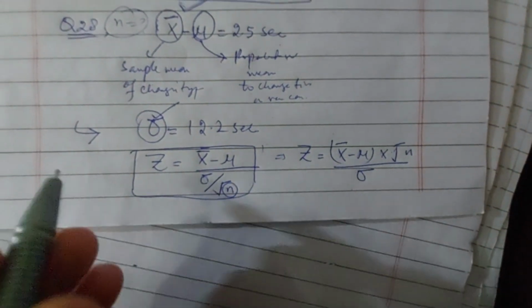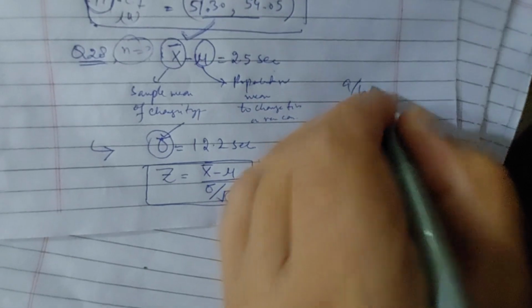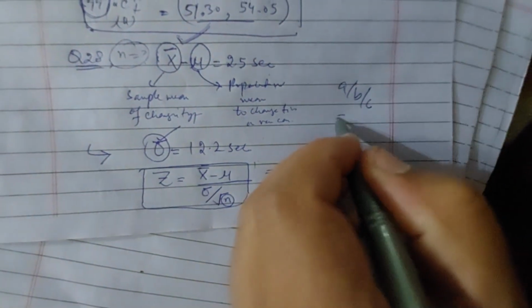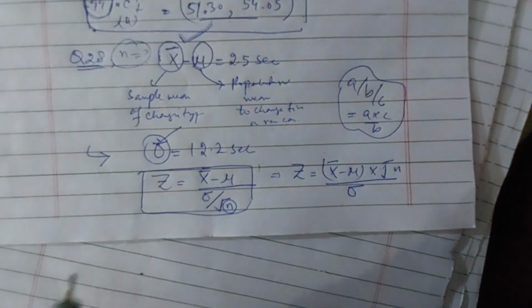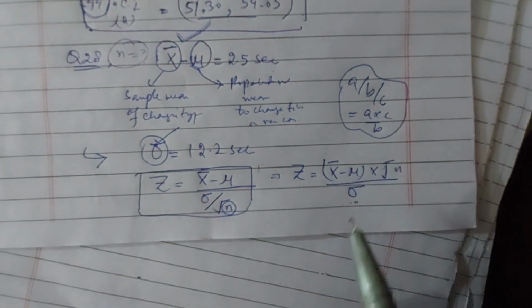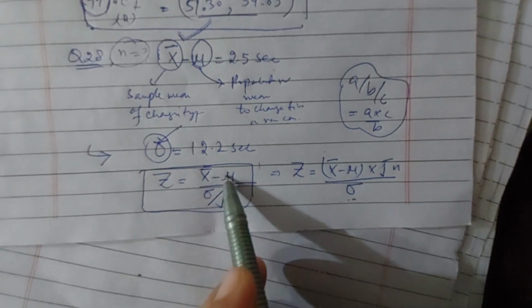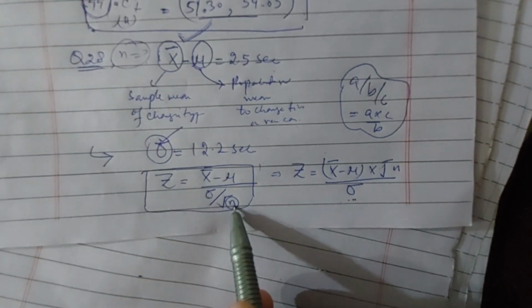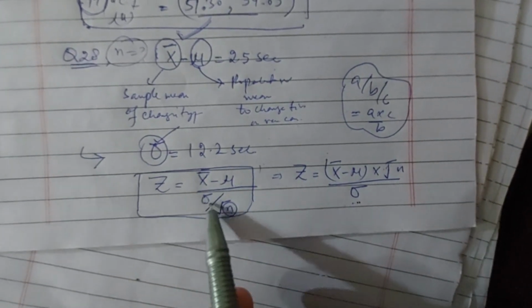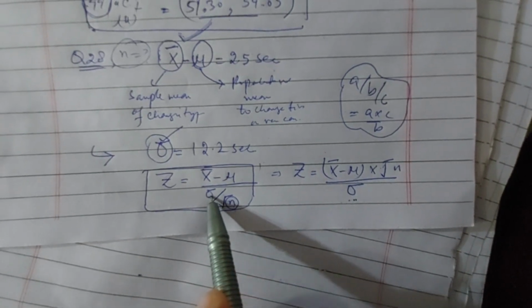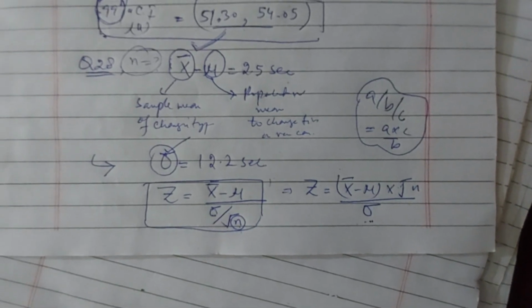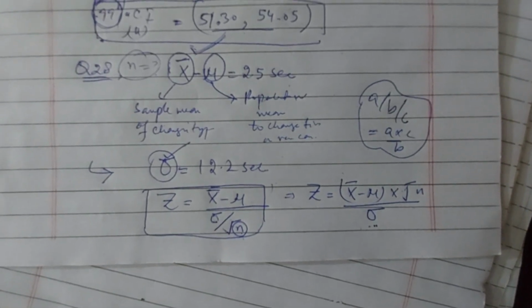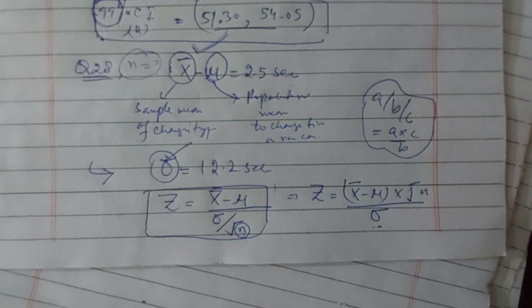We use the rule that a divided by b divided by c is equal to a times c divided by b. So z is equal to x bar minus mu into the square root of n divided by sigma.